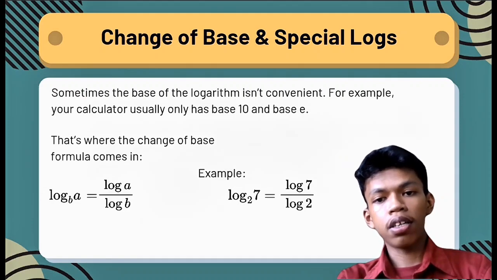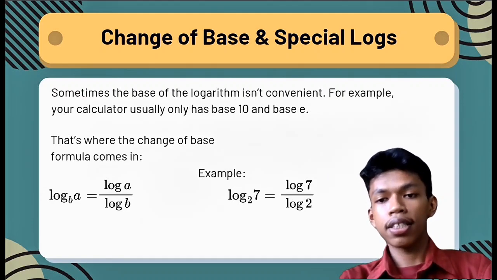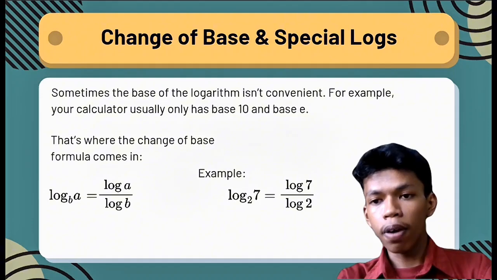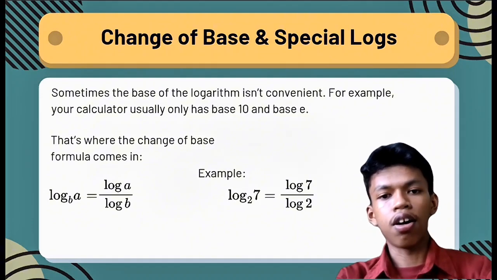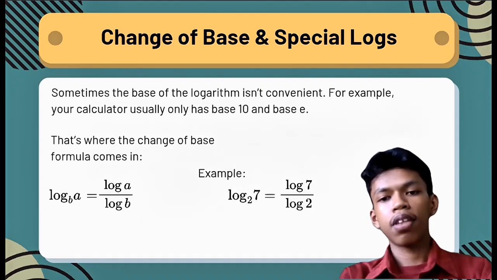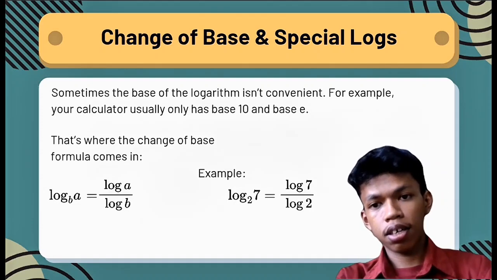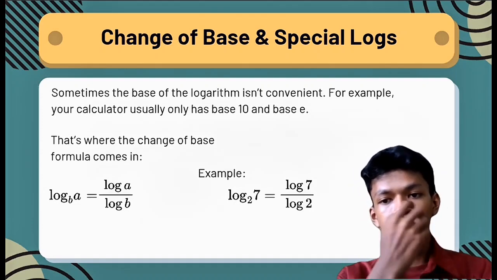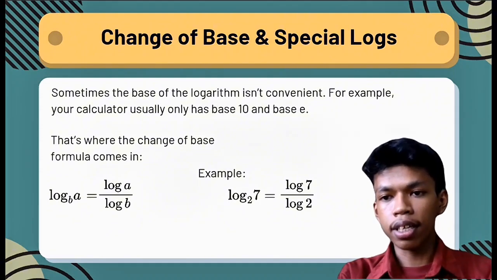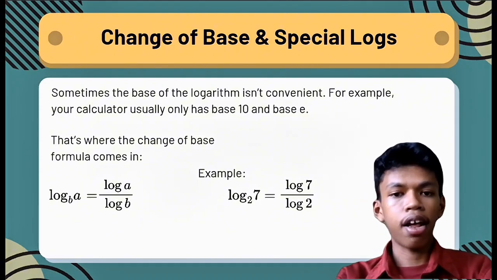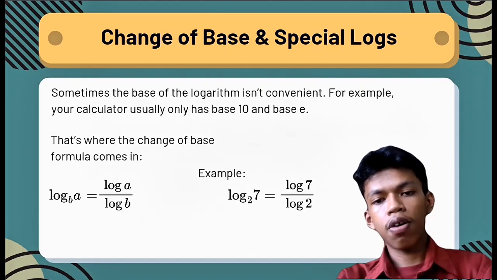Sometimes when we work with logarithms, the base we want to use isn't available on our calculator. Most calculators only give you two buttons: log, which is base 10, and ln, which is base e.